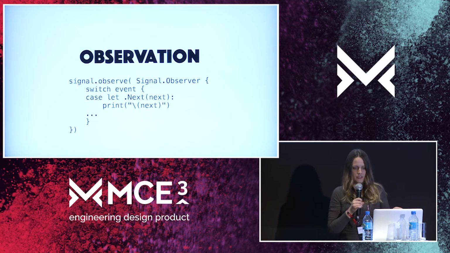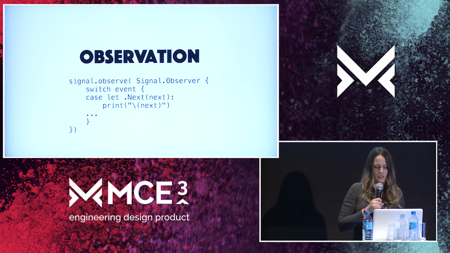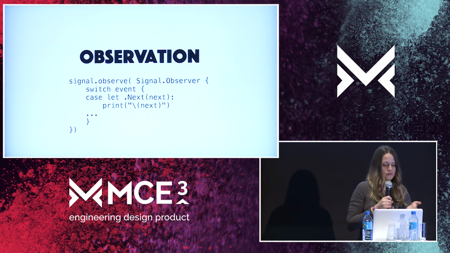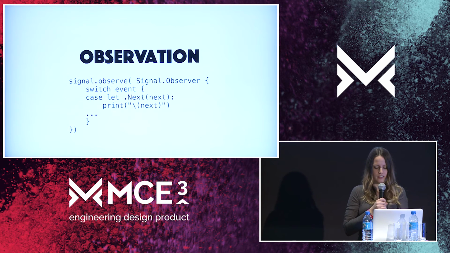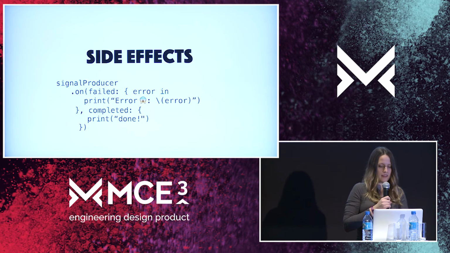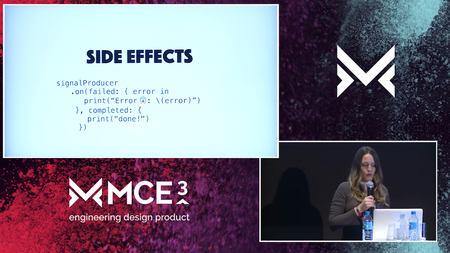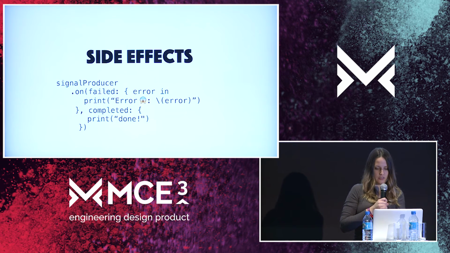And the pattern is really easy. So you can observe a signal, and then you can switch through the events, or there are some dedicated functions to just observe next or something else. And you can inject side effects without subscribing, so it's almost the same, just Swift syntax.